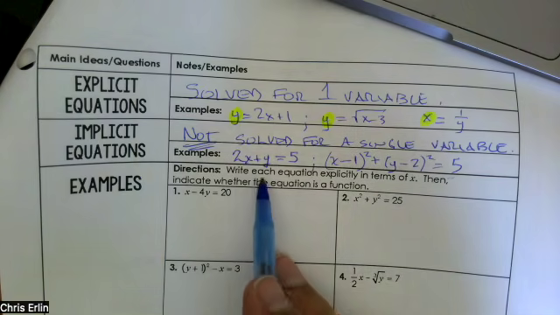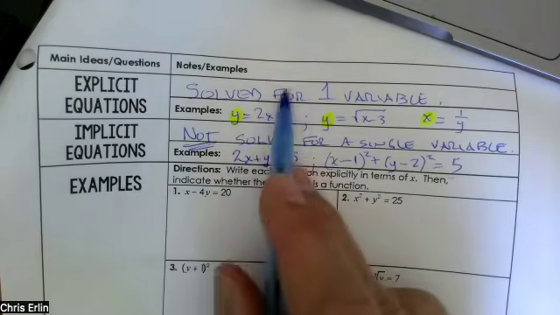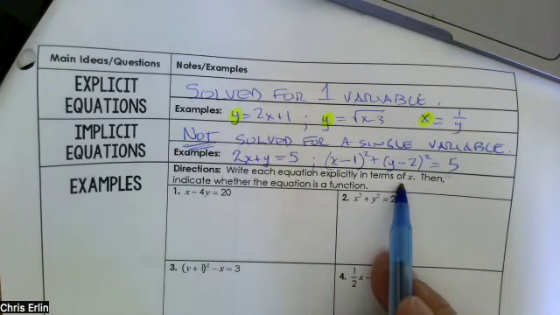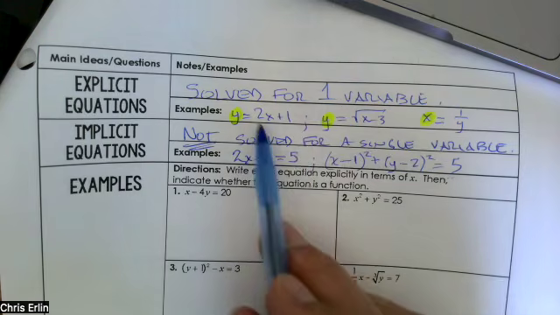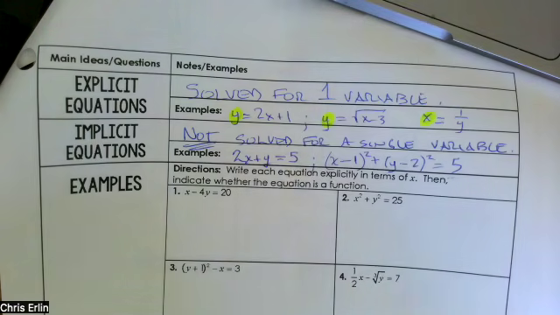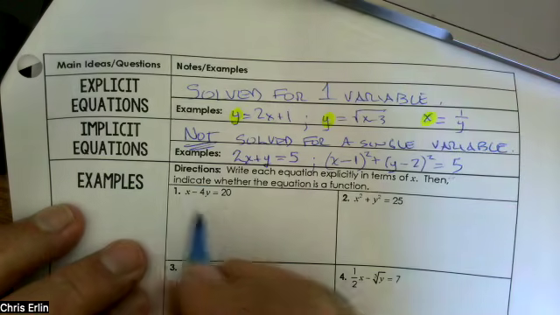So the directions say, write each equation explicitly. So it's going to be solved for a single variable in terms of x. I think that's confusing the way it's phrased. What it means is on the right-hand side, you'll only have x's. So here, I'm going to solve this for y.